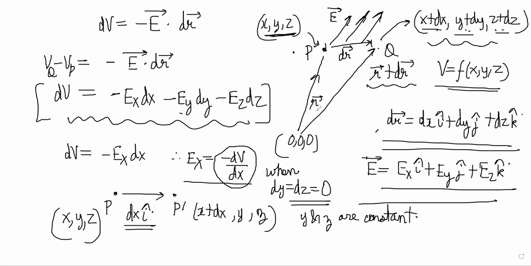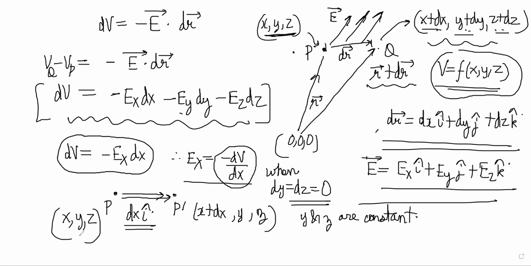But you don't know how to take derivatives of three-variable functions, right? What we are doing is, if the potential function was given, we can move in a specific way, only changing x while keeping y and z constant, and in that case we get this result.